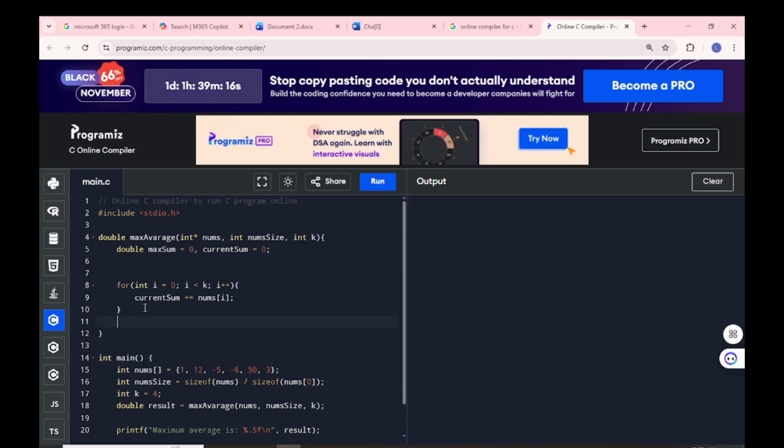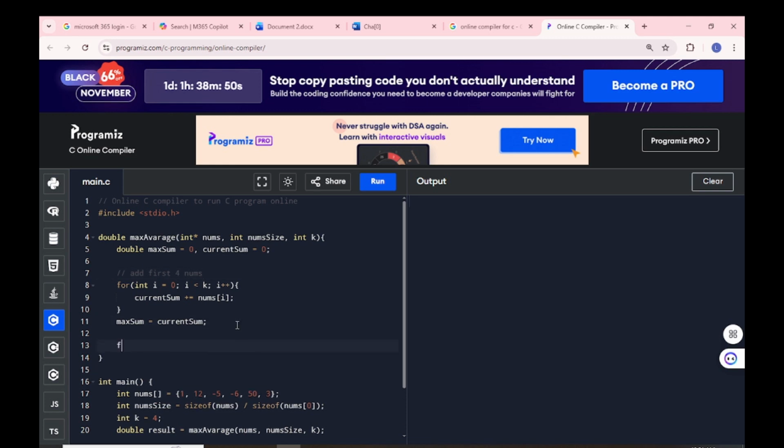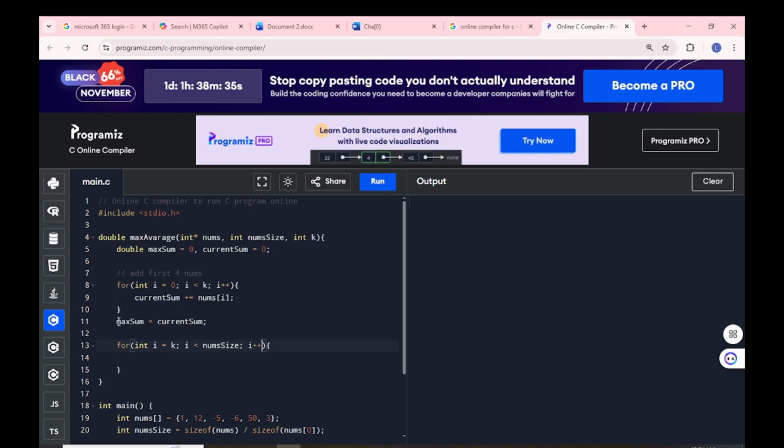So now we will make max sum your current sum, right? So we added the first four numbers, and this time I would start from k, and I is less than num size, I plus plus.